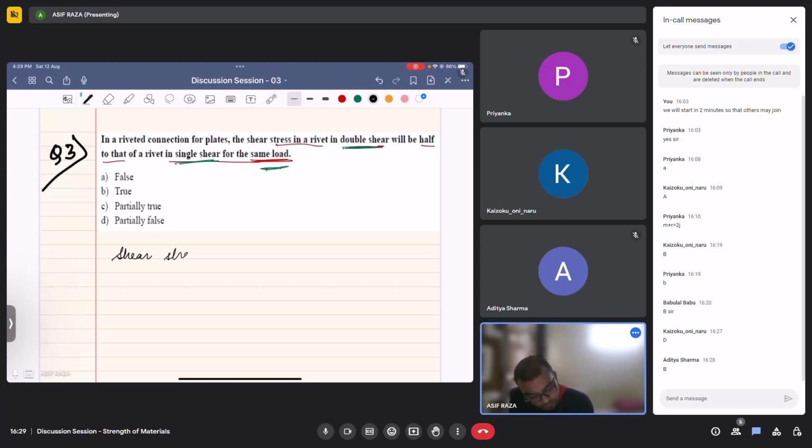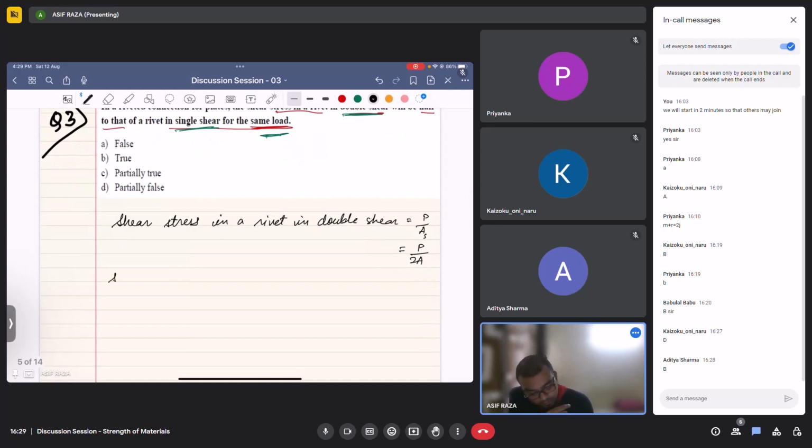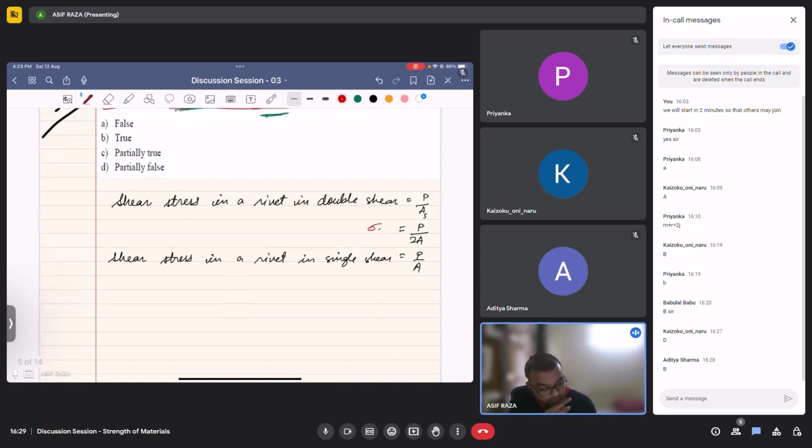Shear stress in a rivet in double shear would be P upon A_s, the area of shear, but in double shear it's actually 2A, while shear stress in a rivet in single shear is just P by A. So if this is sigma 1 and this is sigma 2, sigma 1 is equal to sigma 2 by 2.